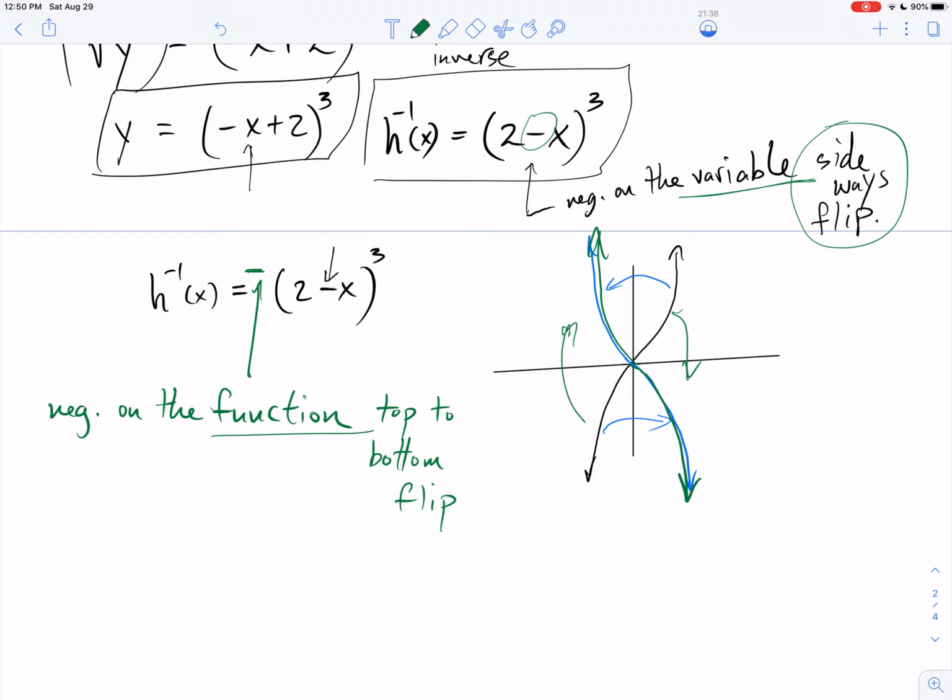And what I want you to see from this is, when it comes to a cube function or a cube root function, odd, that's the key. Odd power, odd root. A sideways flip and a top to bottom flip will end up in the same spot. It's the easiest one to flip because you can't get it wrong.